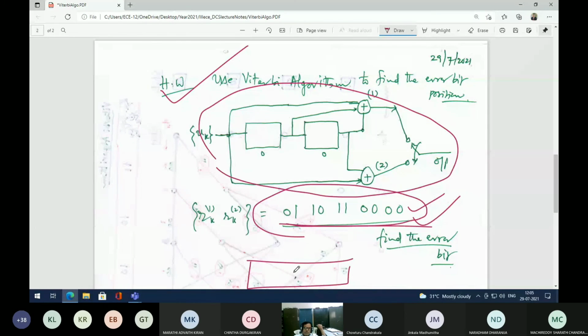So what you have to do is, first you have to draw the trellis diagram. From the trellis diagram, you indicate for the 0 inputs some color, for bit 1 inputs some other color, and you draw the trellis diagram. So how many do you get? 1, 2, 3, 4, 5. 5 windows you will get.